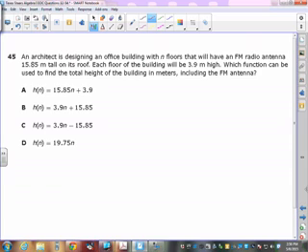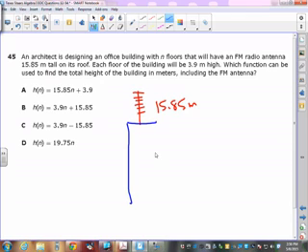Okay, we've got an office building that's going to have a tower on the top that's 15.85 meters tall. And then it's going to have several floors, and each of those are going to be 3.9 meters high.